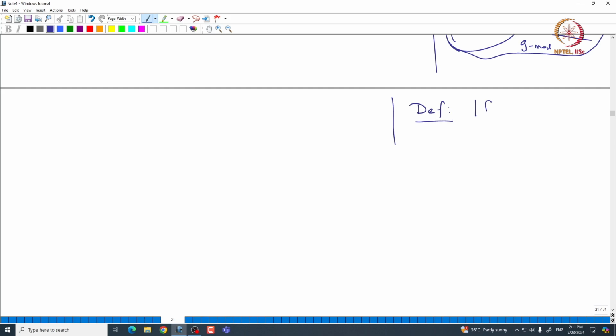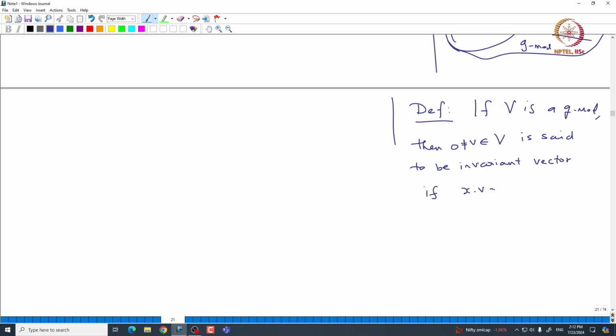If V is a G module, then a vector V in capital V, again we want it to be non-zero, since 0 is already trivially an invariant vector, is said to be an invariant vector if the action of G just kills this vector. That means it should be in the kernel.